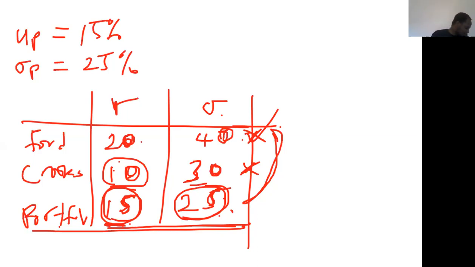Okay. So let's look at the next question. This is 22. I hope this part is okay. So we are looking at the next question. Suppose Intel stock has an expected return of 26%.